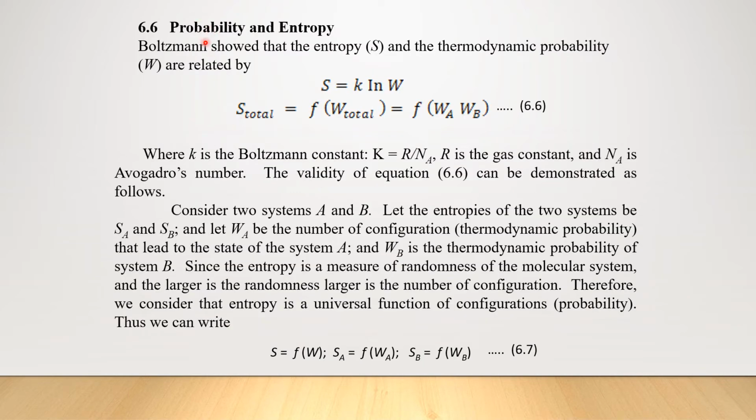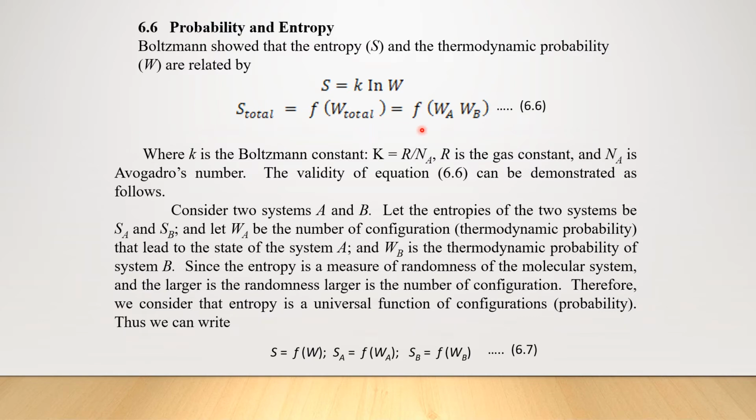Now let us move forward towards understanding the concept of probability and entropy. The scientist Boltzmann showed that the entropy S and the thermodynamic probability W are related by the equation S is equal to k log W, where S, the total entropy, is a function of thermodynamic probability W total.